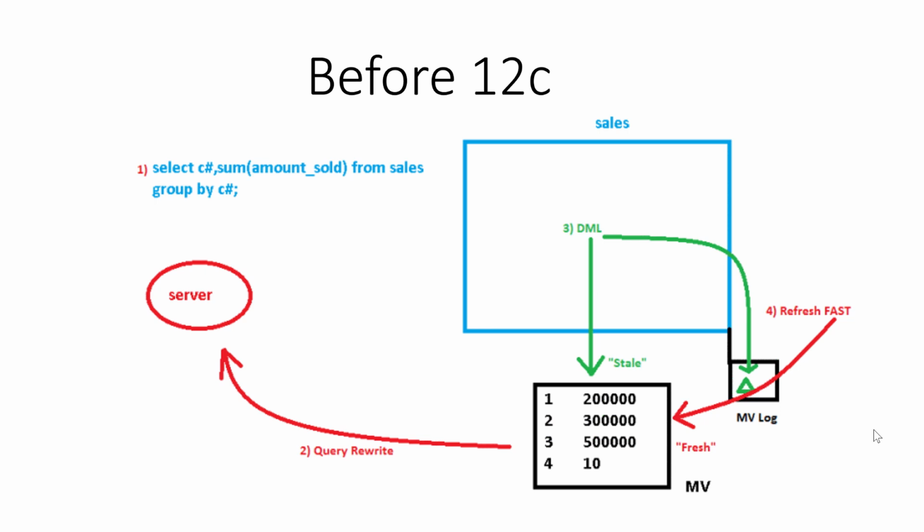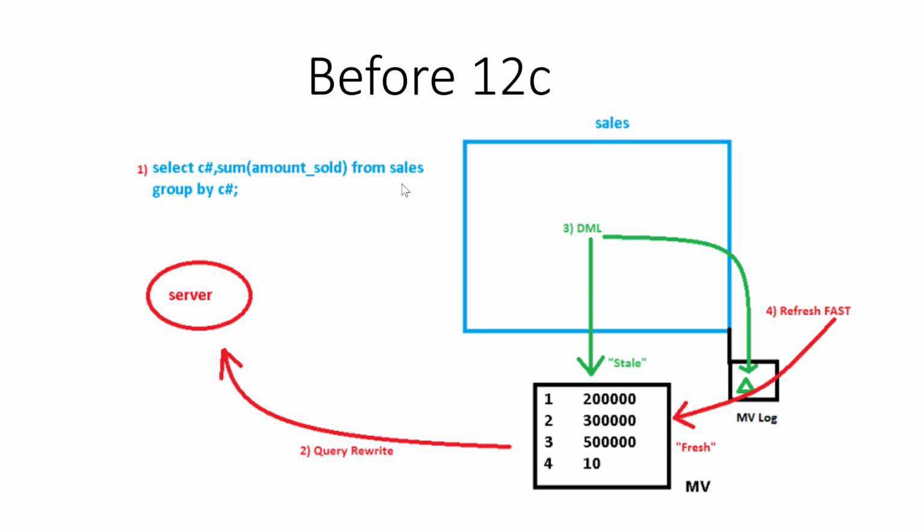Initially, before 12c, that was the state of affairs with materialized views. So the select statement here mentions the base table sales, which is a large table.